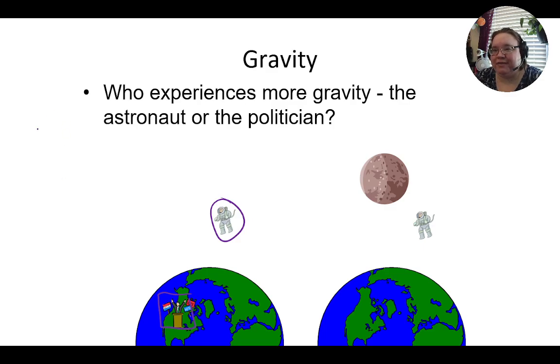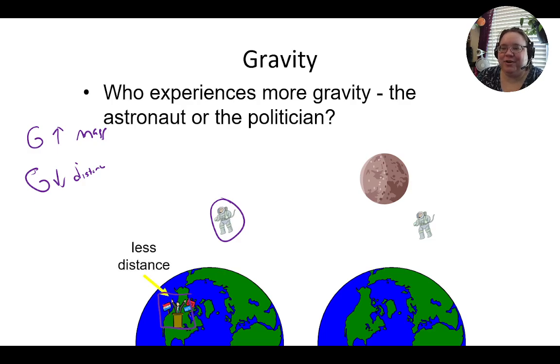Well, gravity increases with mass, and gravity decreases with distance. So we're going to assume they have the same relative mass. It's that distance that's important. And for this example, the politician is going to have the most gravity because he is closest to the planet.